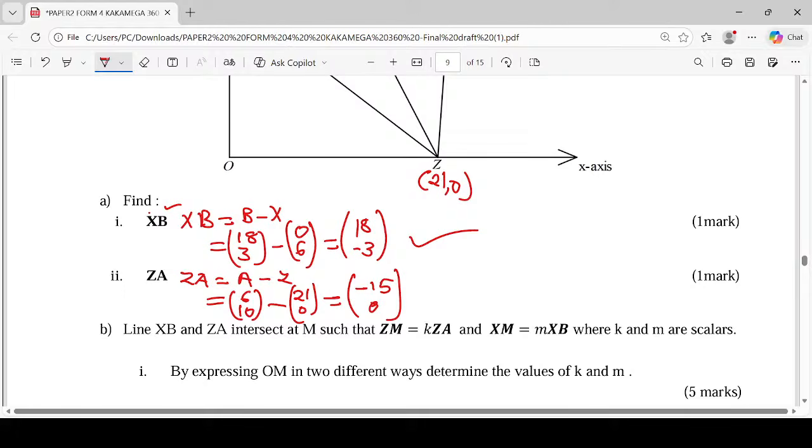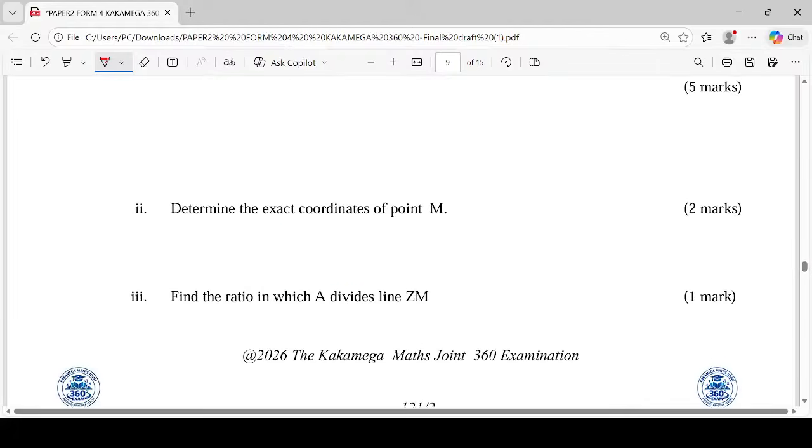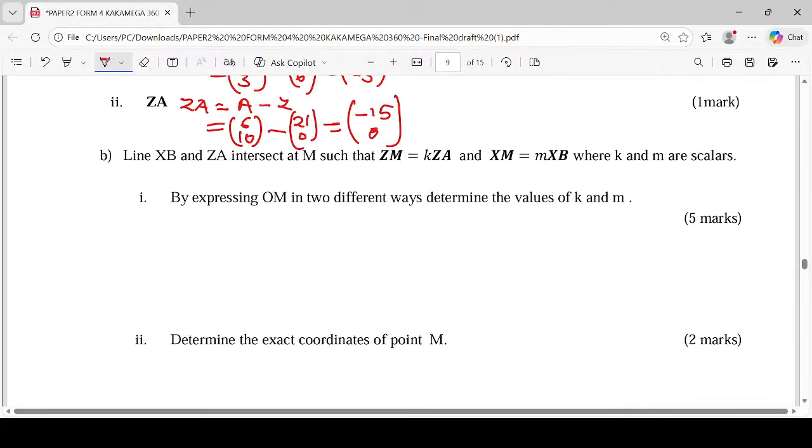Let us have a look at part B, where we are being told that lines XB and ZA intersect at M, such that ZM is equal to KZA and XM is equal to MXB. So first of all, let's break it down.